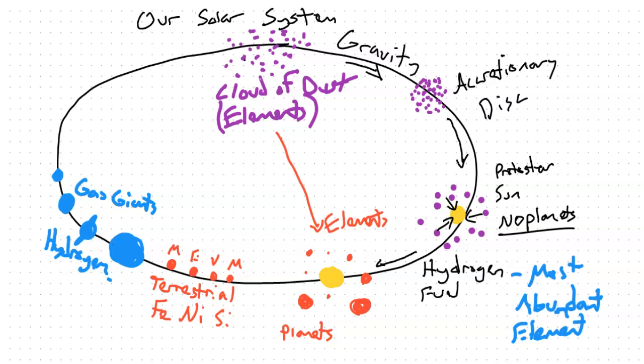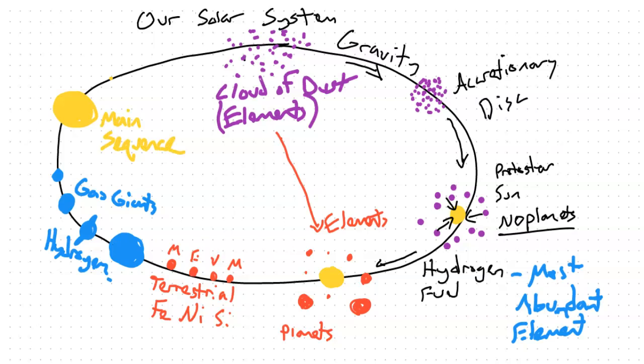Now, there are a few other parts here to the solar system, and just to complete our model here, our sun does eventually become a main sequence star. Let's make it a little bigger. Main sequence. The main part of its life.